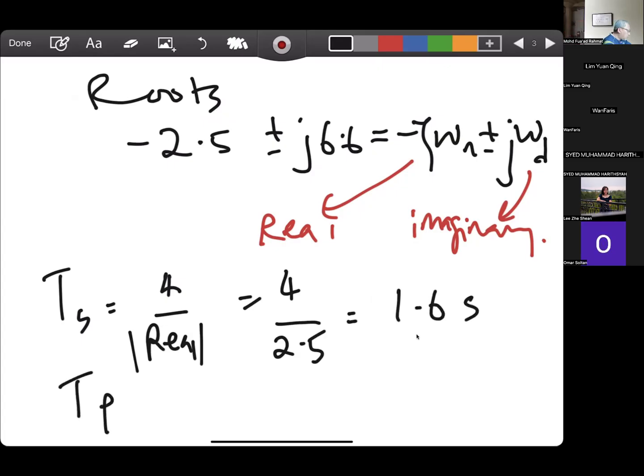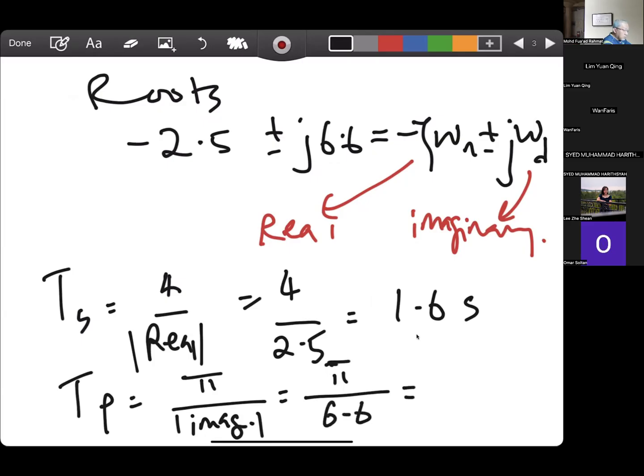And the peak time is pi divided by the imaginary part, which is pi over 6.6, equal to 0.476 second, okay?